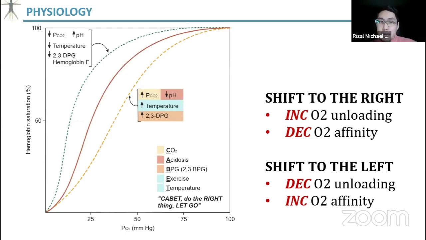Shift to the left means increased affinity: hemoglobin loves oxygen so much and doesn't want to let go, so oxygen unloading decreases. So be familiar with the Kabet. Those are the factors that increase oxygen unloading and shift the curve to the right.